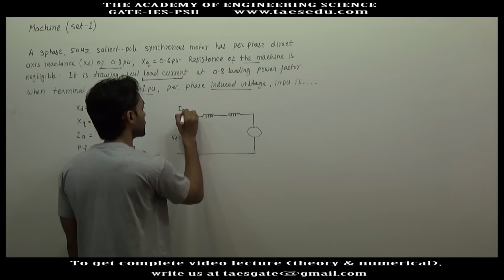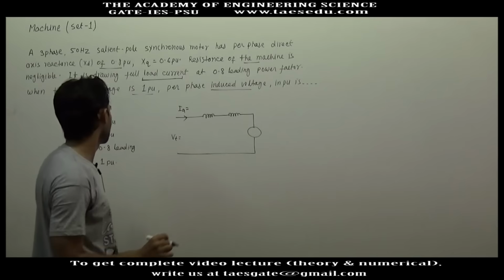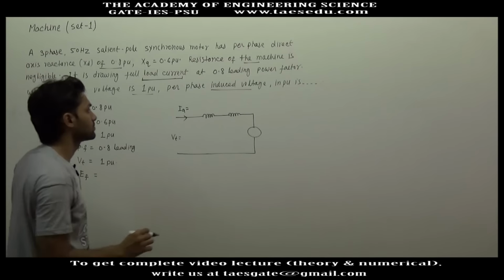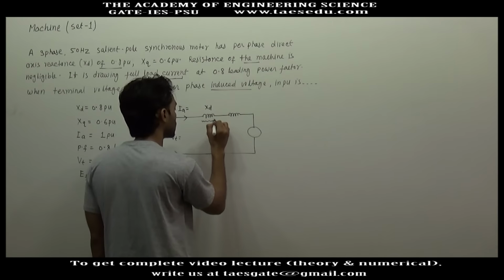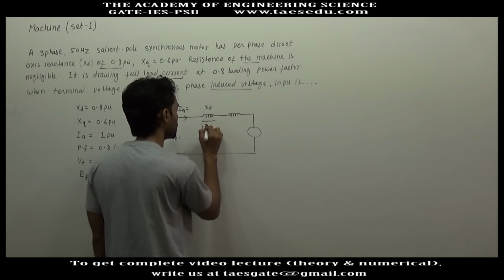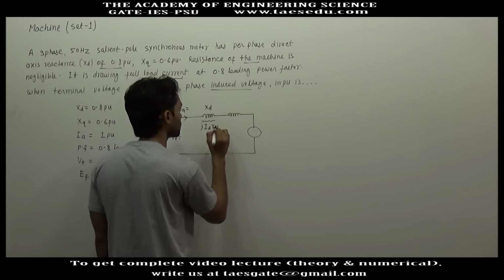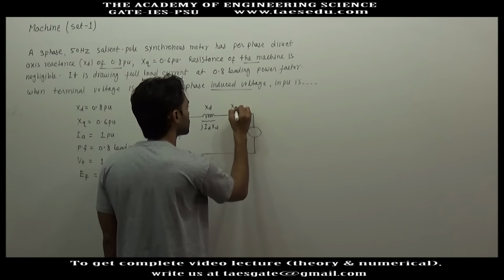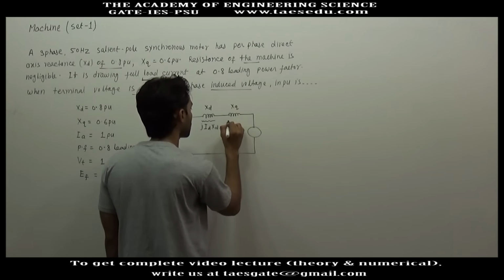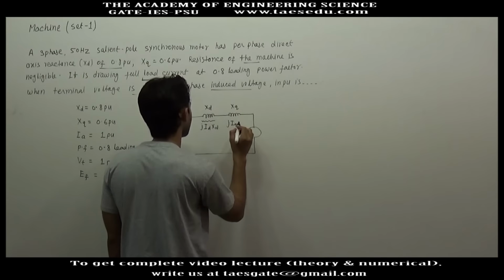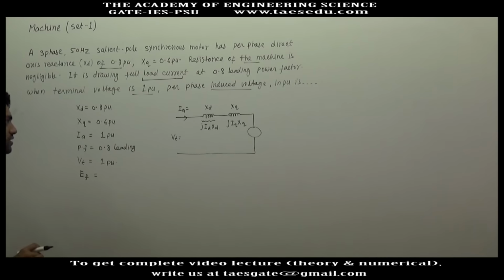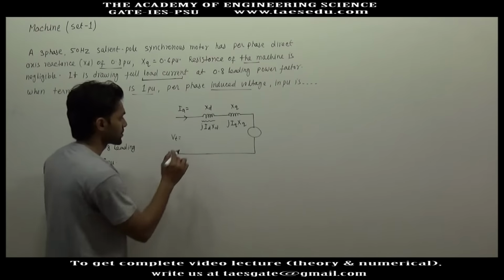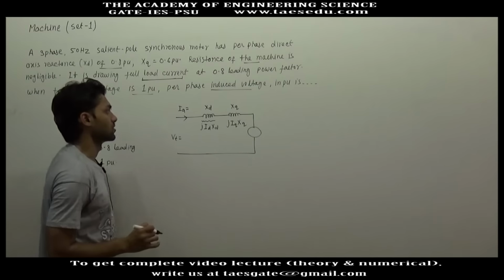The armature current is also 1 pu at 0.8 leading power factor. Let's say this is xd. So here voltage drop will be jId into xd. This is xq. So here voltage drop will be jIq into xq. This is the representation of salient type synchronous motor.